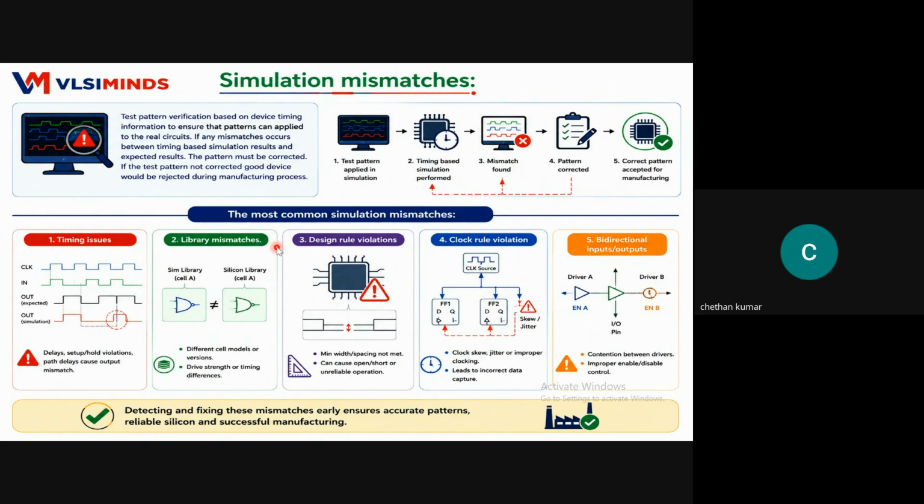That means during the insertion, if we have some warnings, that may also create some mismatches during the simulations. Some errors we might have made warnings, or we might have ignored during the insertion.